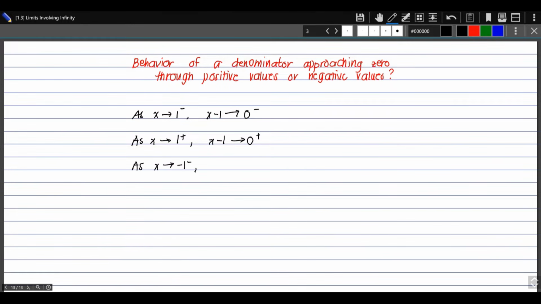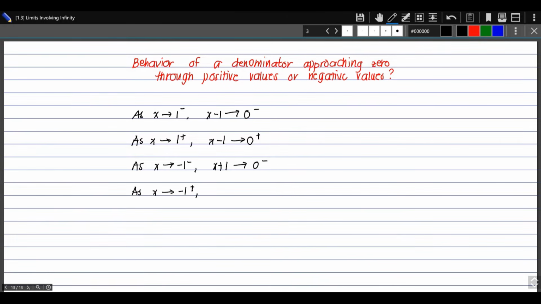Okay, now as x goes to negative 1 from the left, x plus 1 goes to 0 through values to the left of negative 1, which are negative 1.2, negative 1.11, and so on. If we add 1, we get a very small negative value close to 0. So x plus 1 approaches 0 through negative values.